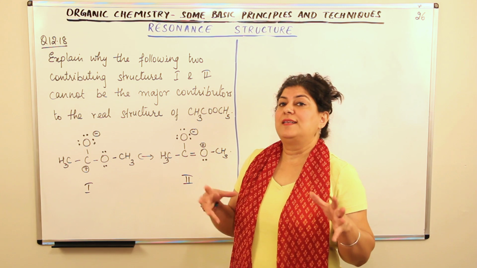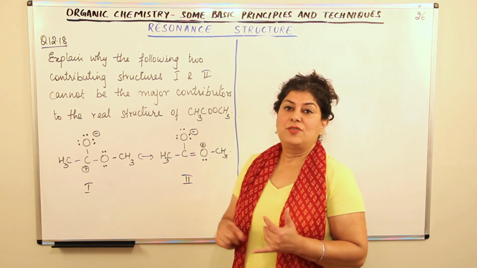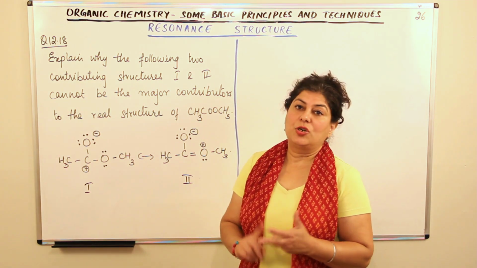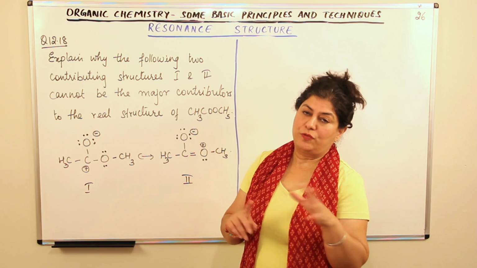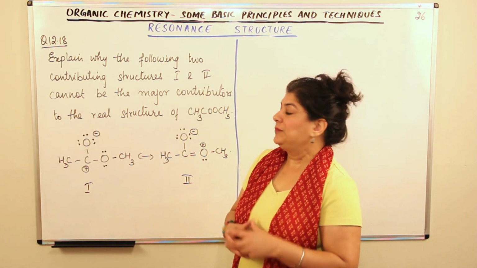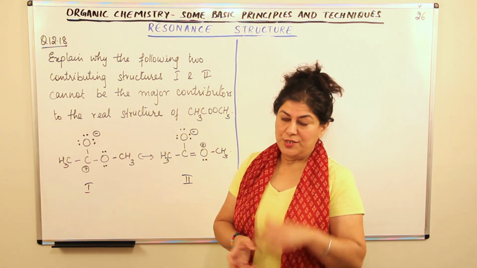What are the factors that decide that a structure is stable? The first thing is that the structure should have maximum number of covalent bonds. Secondly, the octets and duplet of hydrogen and octets of all other atoms should be complete. The third point is that there should be no separation of charges.